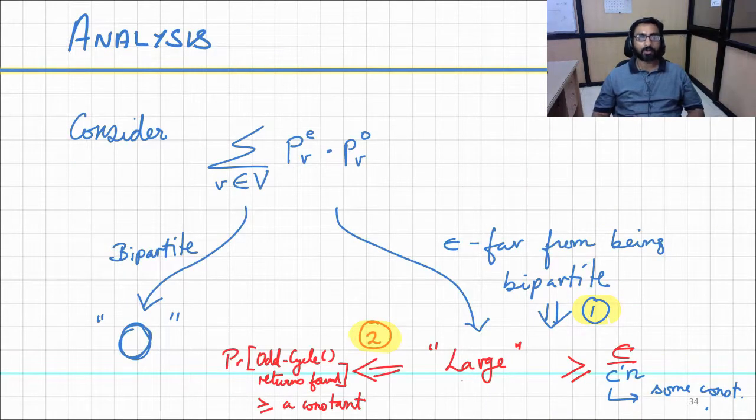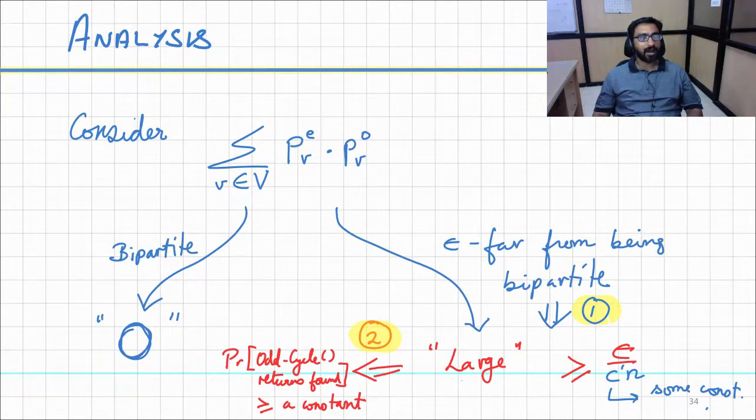So how are we going to do this analysis? There's going to be a very key summation. This is the summation over all the vertices of the product PVE times PVO. Now think about what this summation is about.